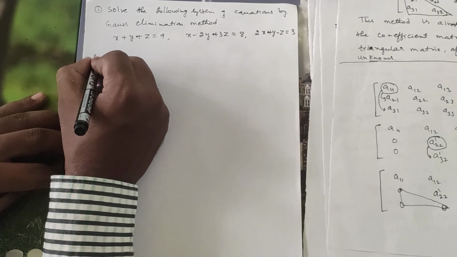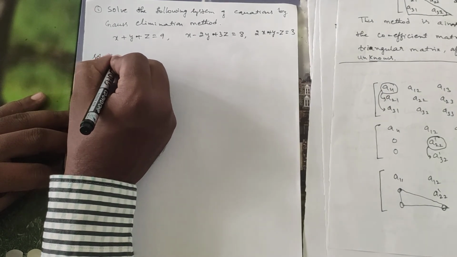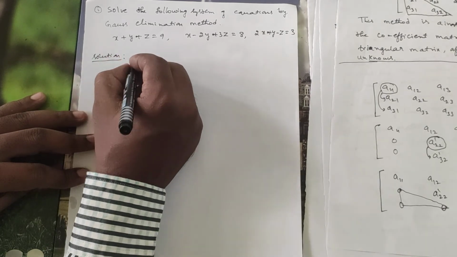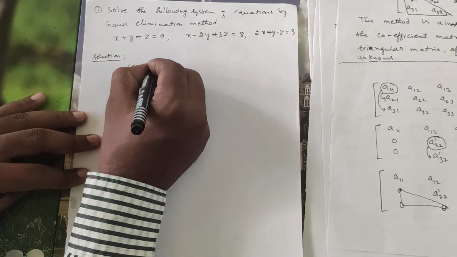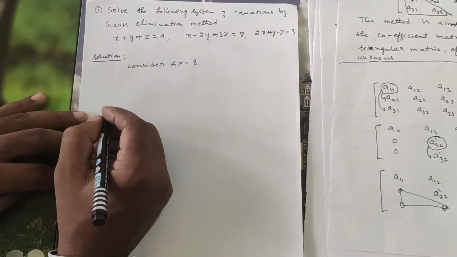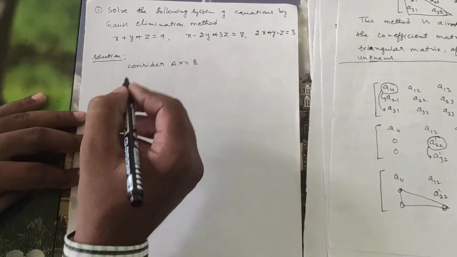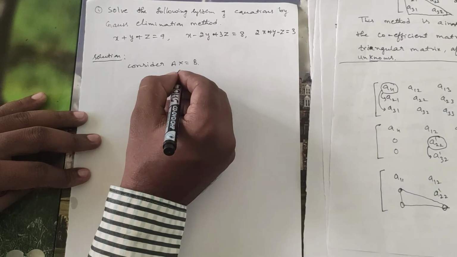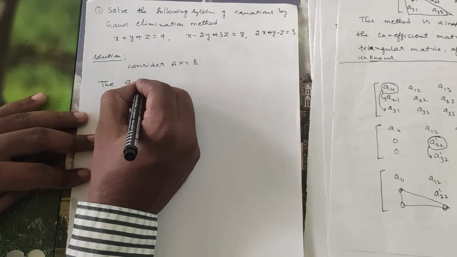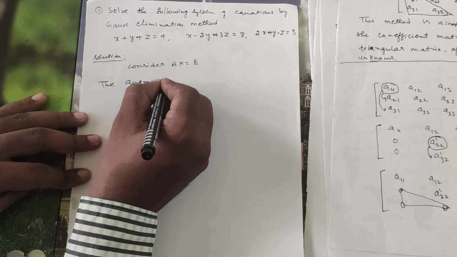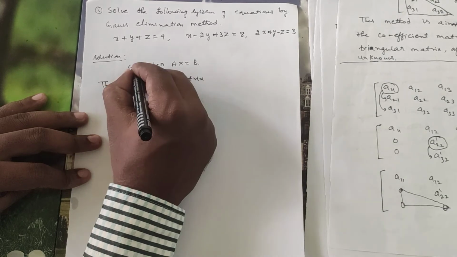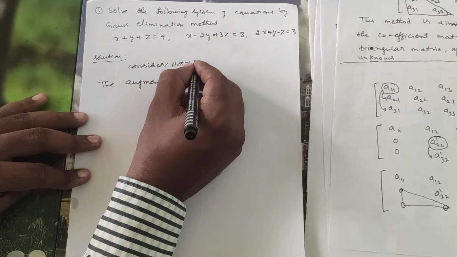Now solution. So what do you get here? Consider AX equals B form, right? Otherwise you can directly write the augmented matrix, no need to write this one. Directly write this one only.